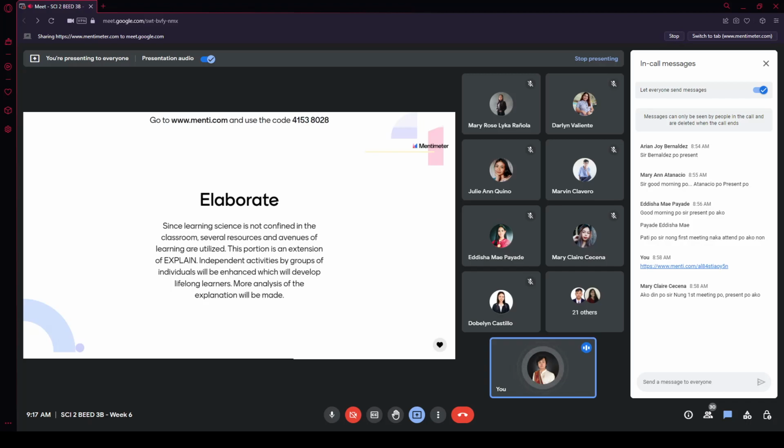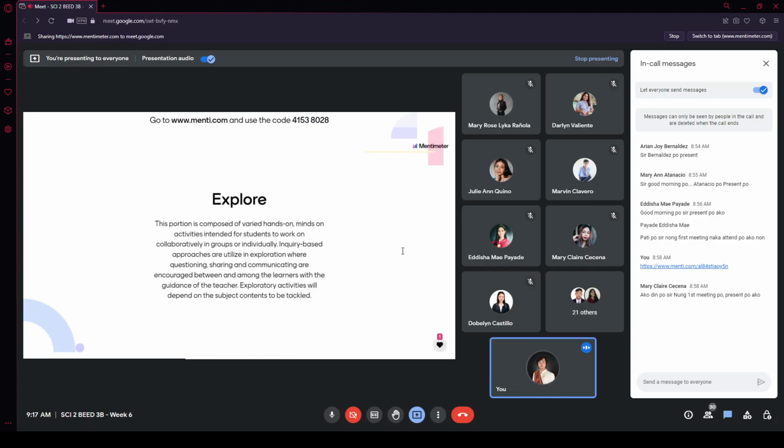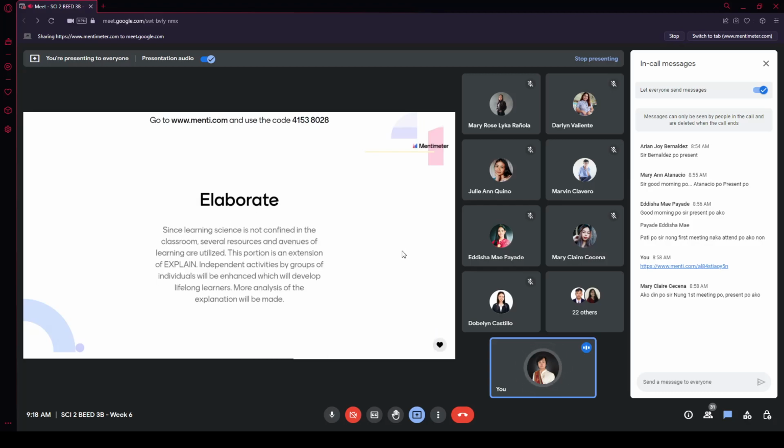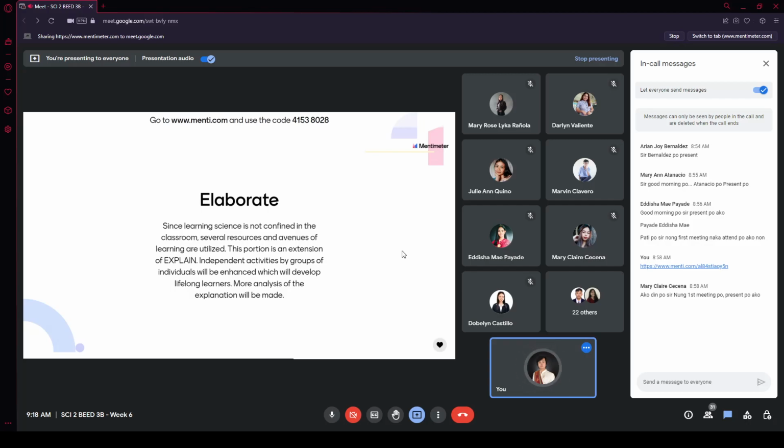Looking back at our previous steps, explore is more of a preliminary activity, while elaborate would be more technical. So in here, the activities that the students would be doing are much more scientific in nature, right?